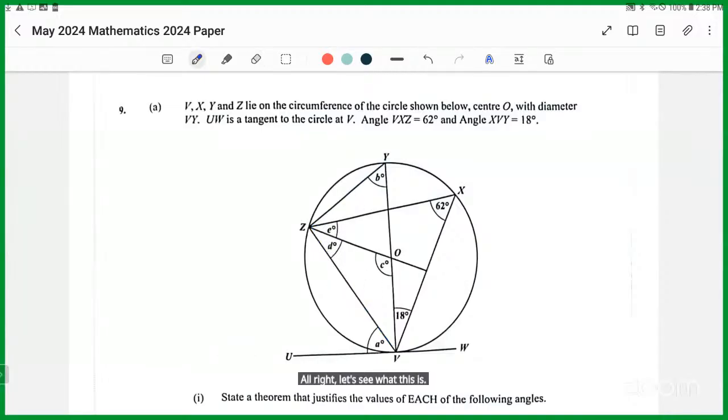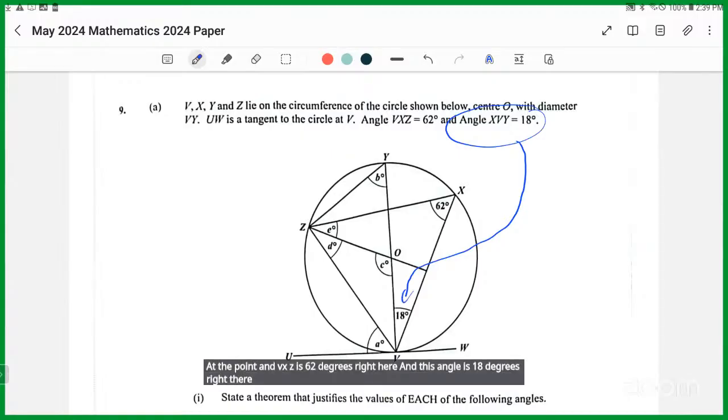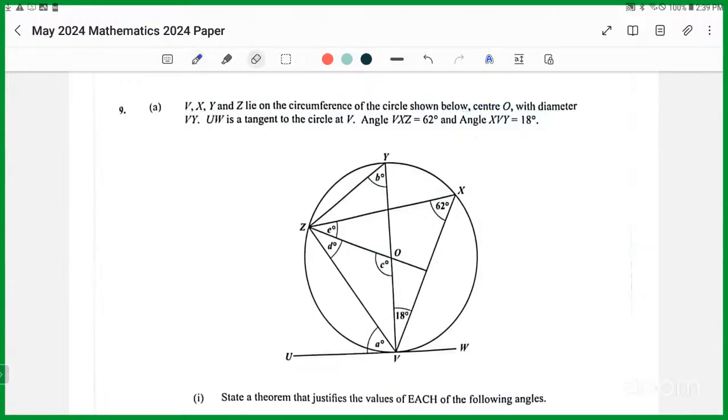It says UW is a tangent at the point V, and the angle VXZ is 62 degrees right here. And this angle is 18 degrees right there.